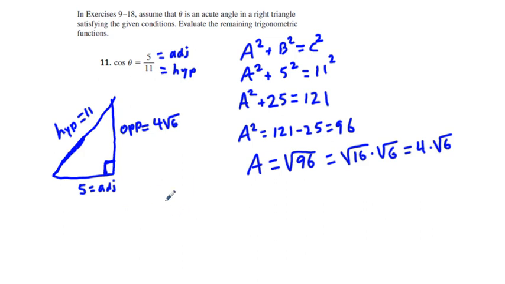So our sine theta is going to be equal to our opposite side, which is 4 square root of 6, over hypotenuse, which is 11, and our cosecant theta, which is our reciprocal of sine, is going to be 11 over 4 square root of 6.